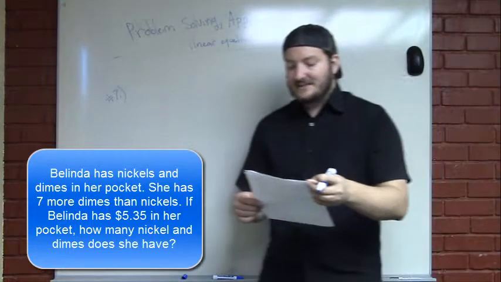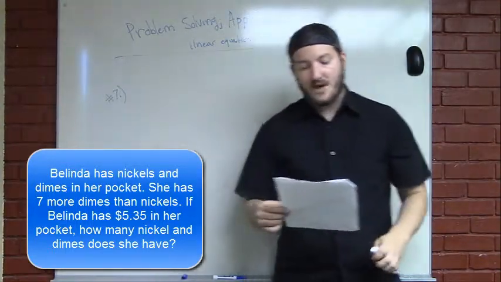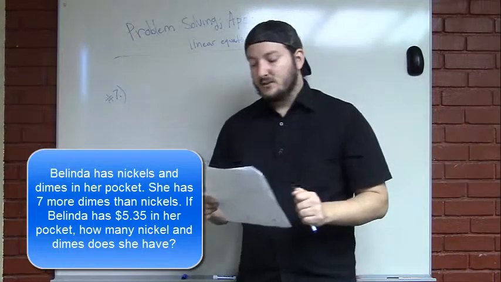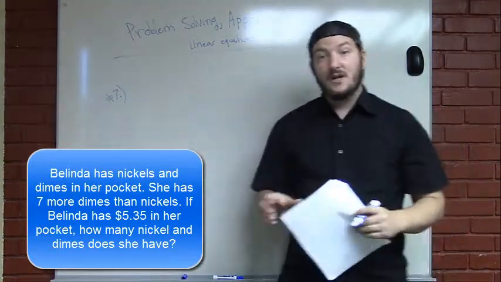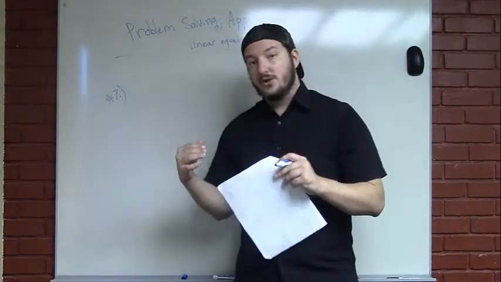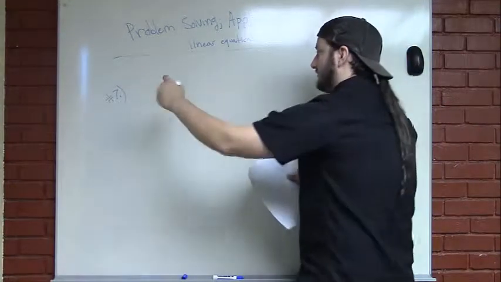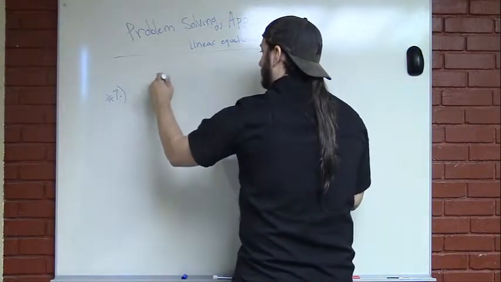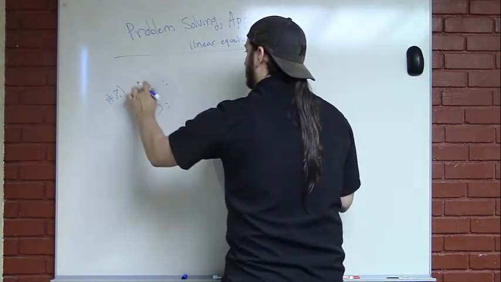If Belinda has $5.35 in her pocket, how many nickels and dimes does she have? Well, that's a good question. So again, we're going to have to change this paragraph into terms we can solve, okay? So she has nickels and she has dimes.